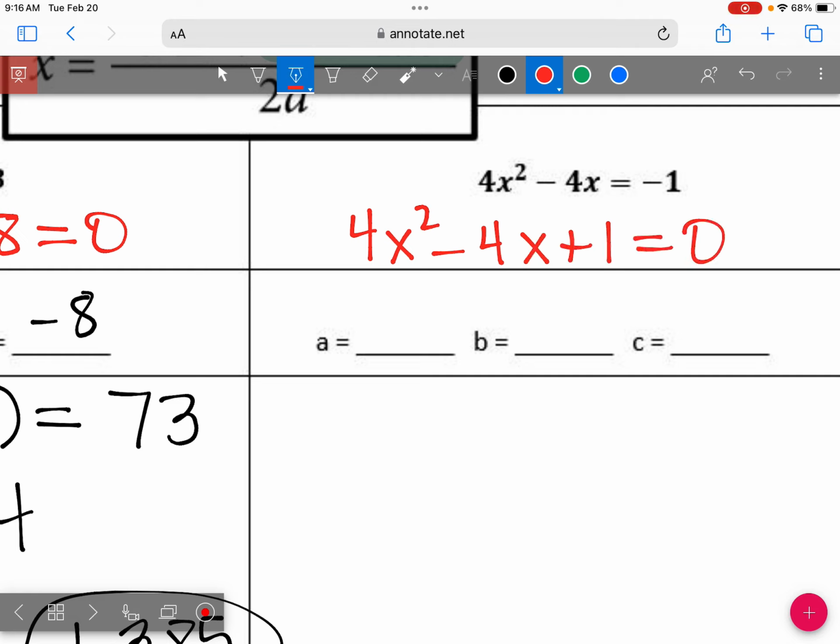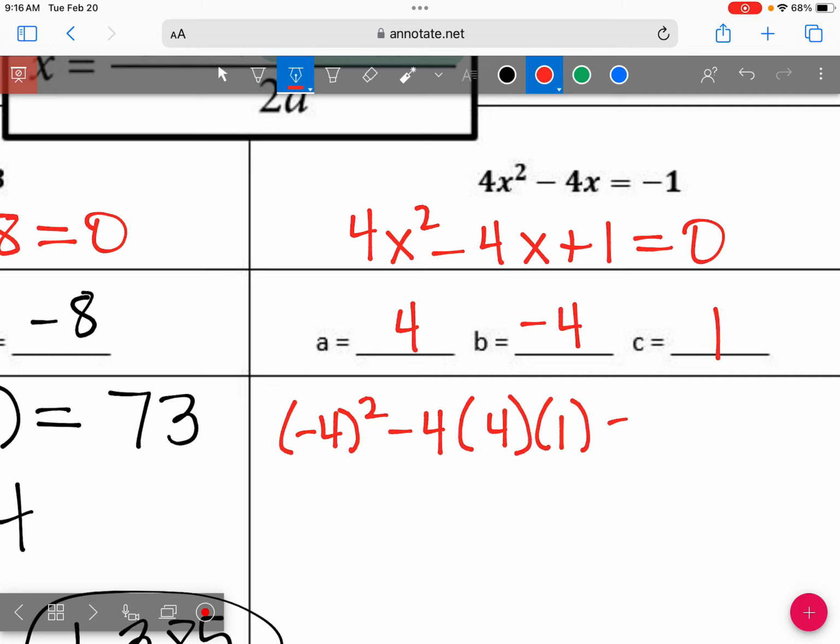So what is A? 4. What's B? And what's C? All right, so we're going to start with our discriminant, B squared minus 4 times A times C. See what you get. And we had one of these in our homework.